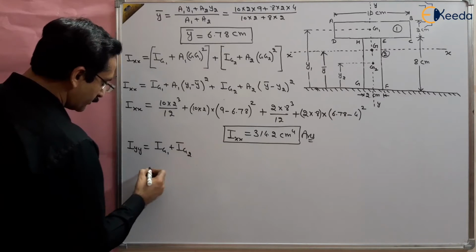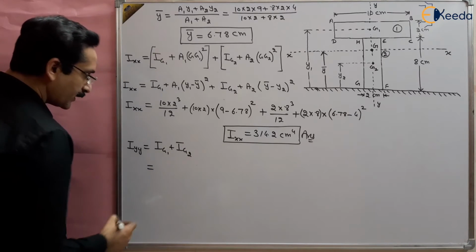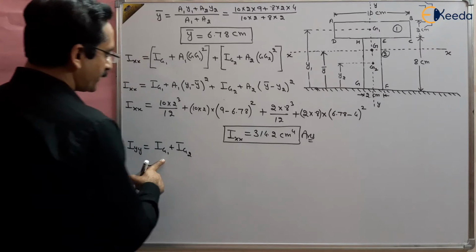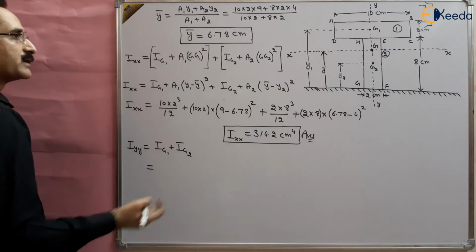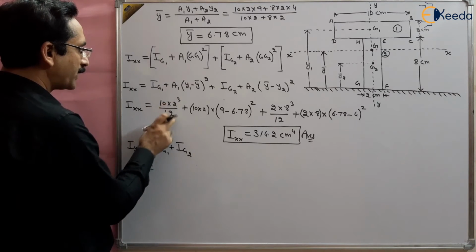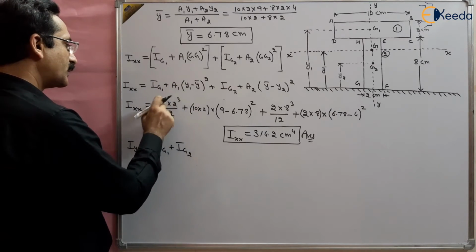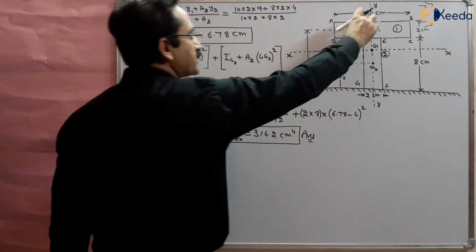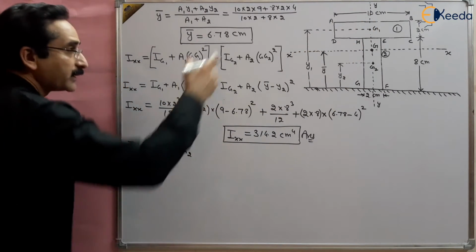So this will be equal to BD cube by 12 for Ig1. Now D will be reversed. Here it was 10 multiplied by 2 cube by 12; it will be reversed to 2 multiplied by 10 cube by 12, because we are now taking the y axis.